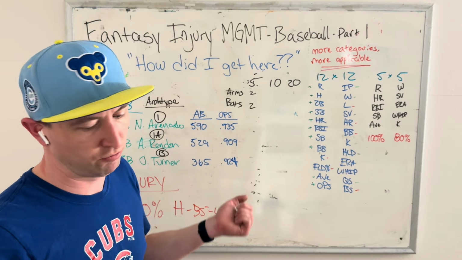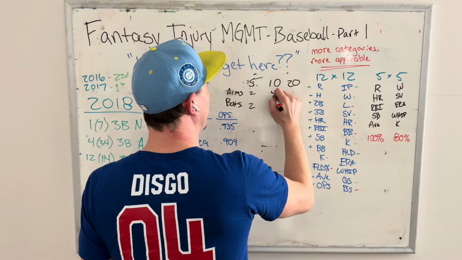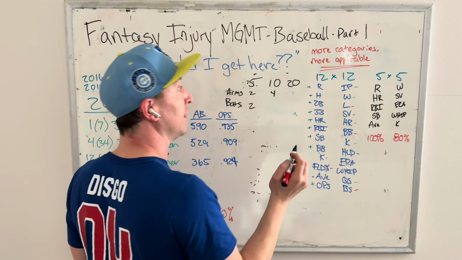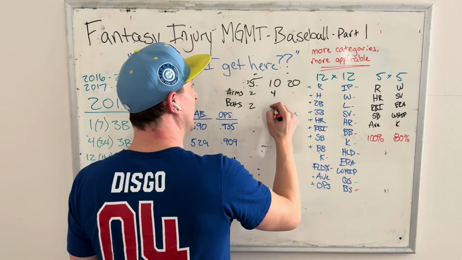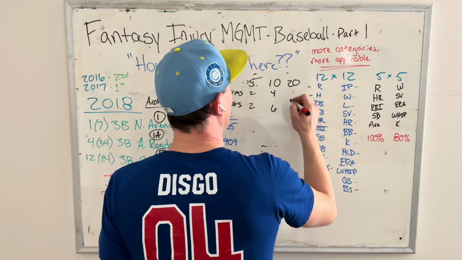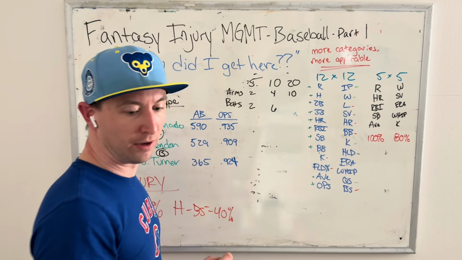Top 5, it's about the same ratio. But here's where it starts getting interesting. Out of 10, only 4 of the top 10 arms from the previous year were in the following season, and 6 of the top 10 bats. And to top it all off, out of 20, only 10 out of 20 arms on average return, and 13 out of 20 bats returned to the top 20.